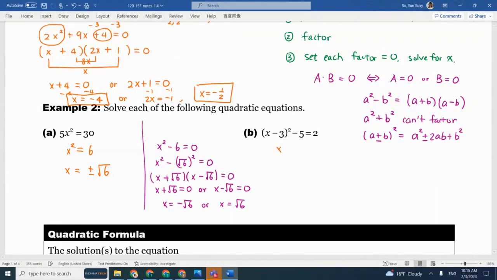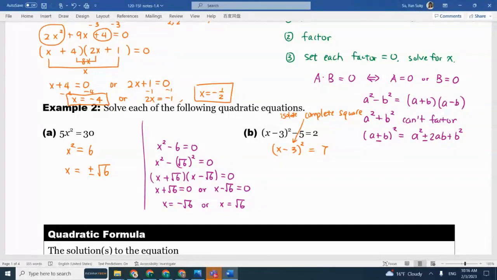Therefore here we isolate the complete square. This is the complete square, and we isolate it. That means we add 5 on both sides. Then 2 plus 5 is 7.